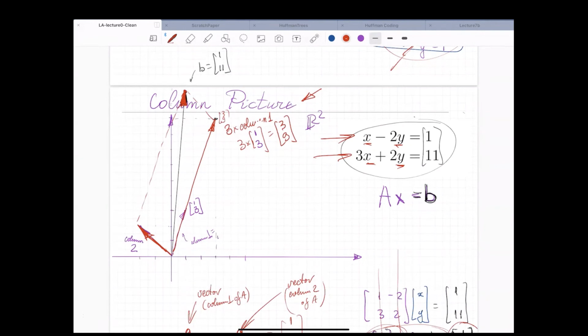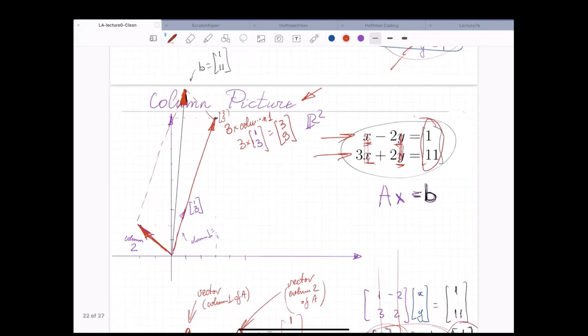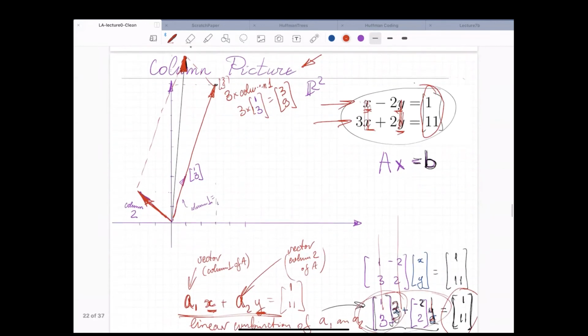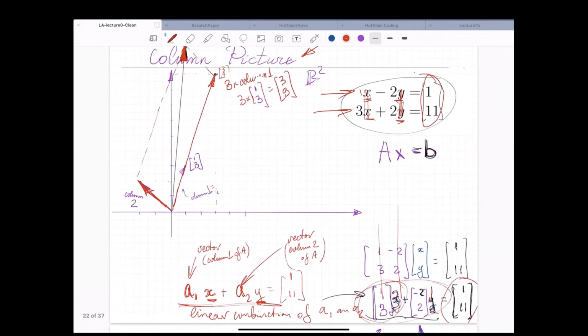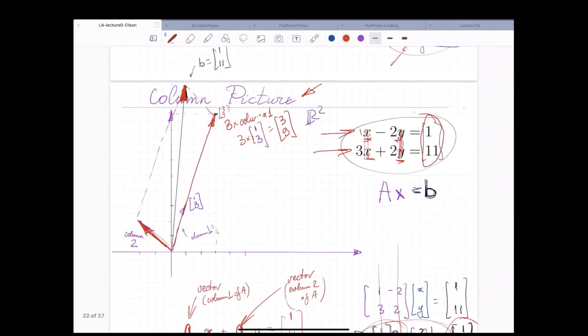And x's and y's are now those coefficients by which we have to weigh the columns of A in order to get the right-hand side exactly. In this case, the mix happened to be 3 times the first column vector, 1, 3, and 1 times the second column vector, which was -2, 2. When I mixed those two red vectors, I was led exactly to the output vector B, which was 1, 11.